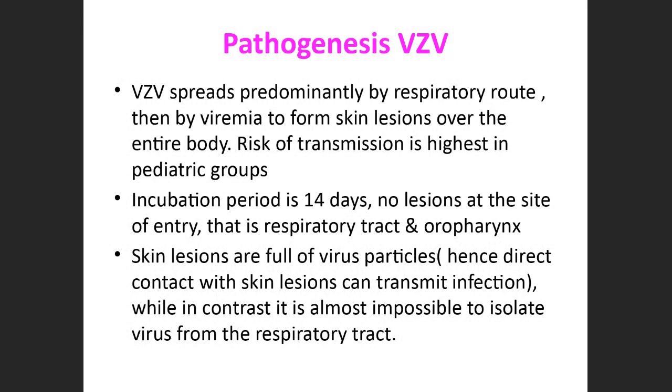It covers the entire body, and it spreads very rapidly in pediatric age group. Incubation period is around 14 days. You will not see any lesion at the site of entry. That is, it enters through the respiratory tract. There you will not see any lesion, but whole of the body will be covered with these typical lesions of varicella zoster.